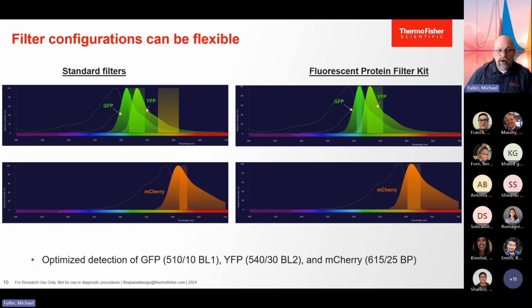Similarly, for mCherry, the standard filter will capture mCherry fluorescence, but it's not quite capturing that emission maximum, which you might need if whatever cell this is expressed in, it's not expressed at high levels. By changing that filter, we can now capture that emission maximum, and that will give us better detection capabilities, particularly if you're looking for rare events or for markers that are not very highly expressed on any given cell.